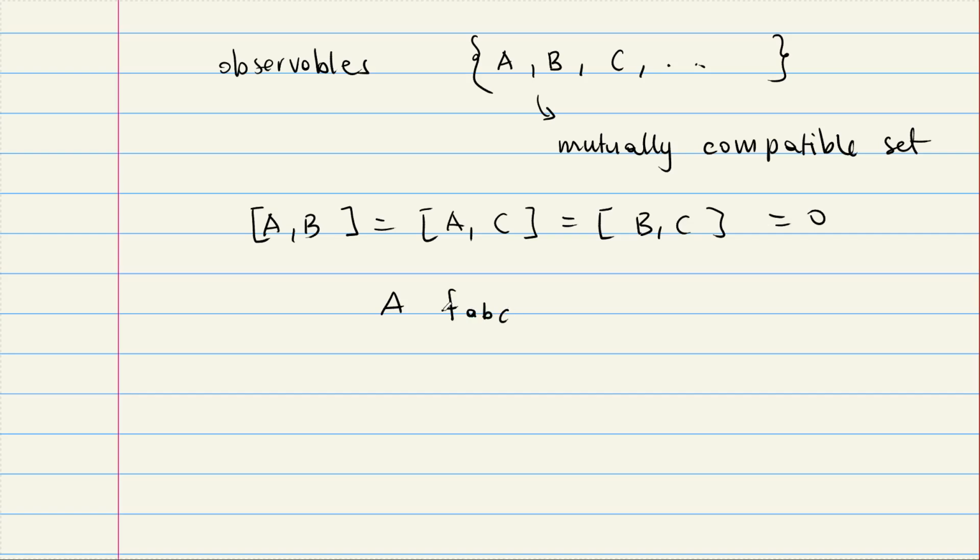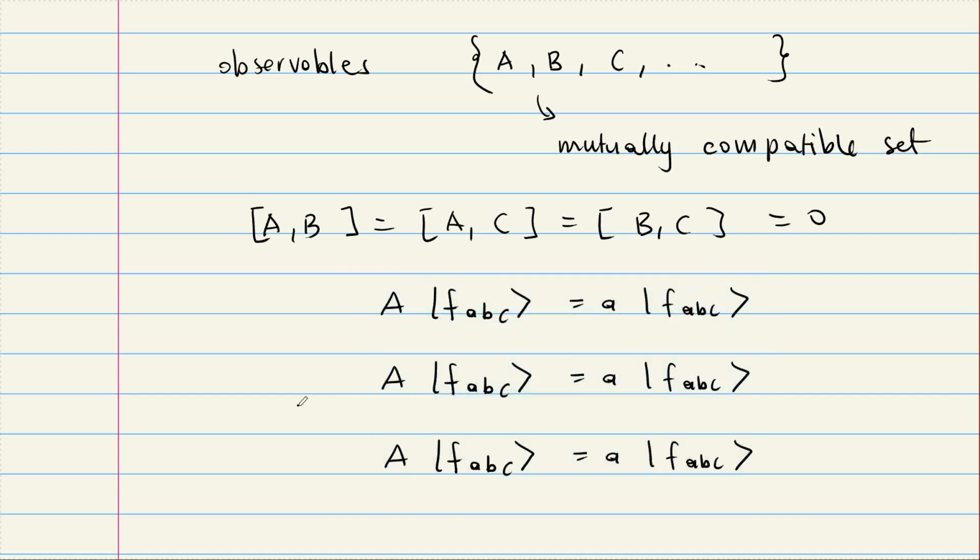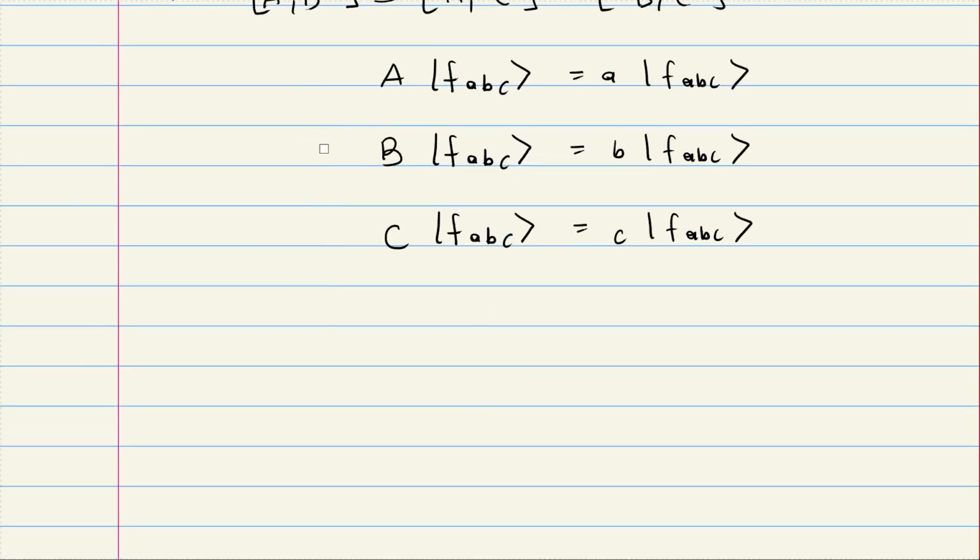A, B, C, hitting on this is going to give you A, and the same thing for B and C. So if this is given, we immediately can tell this is given. Because we did it for 2, we can do it for any other 2, and then we can do it for 3 sets. And here's the example.